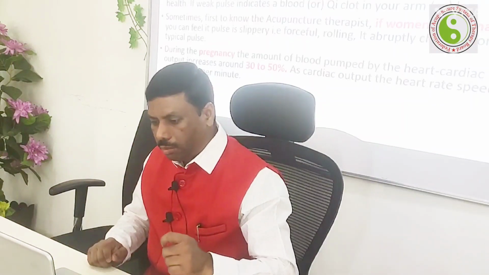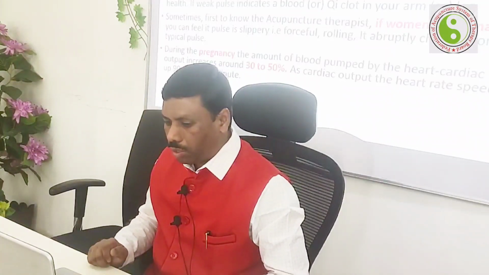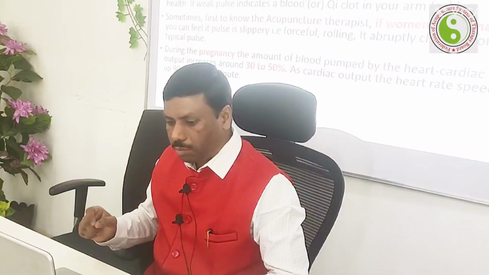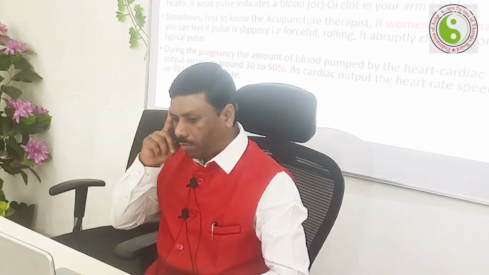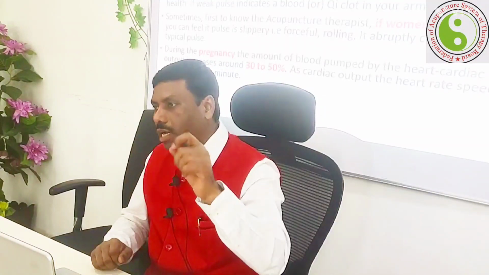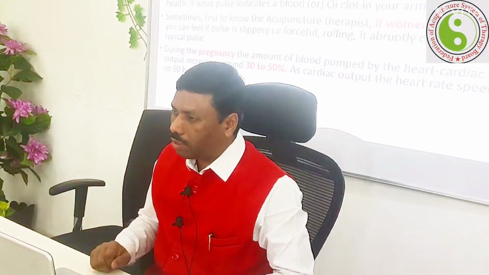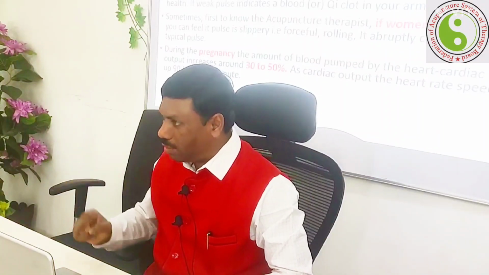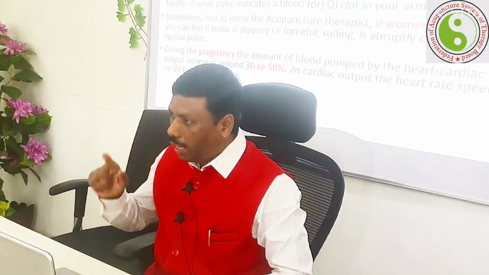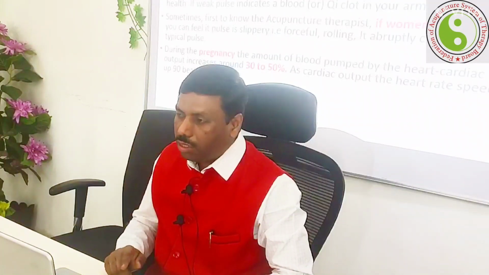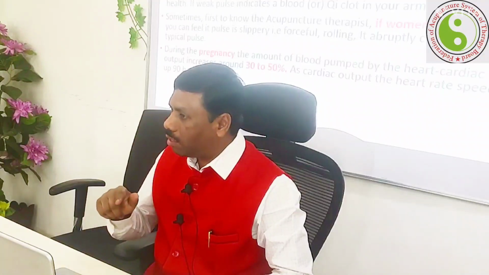During pregnancy, the amount of blood pumped by the heart, the cardiac output, increases around 30 to 50%, and the heart rate speeds up to 90 beats per minute. In fact, as per the Drugs and Cosmetics Act 1940, there is the Pregnancy Termination Act, which does not give permission to tell the sex of the fetus.